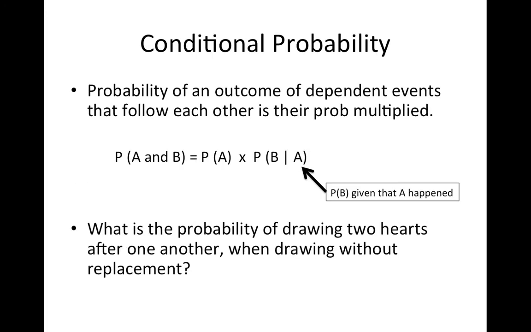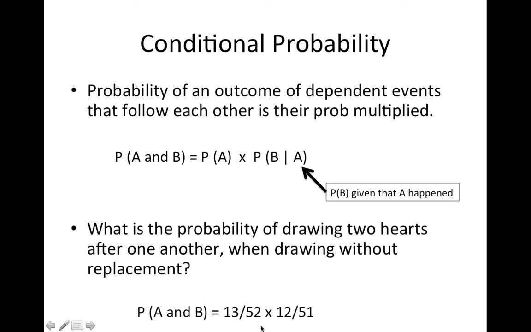Last of all, we will focus on conditional probabilities. This is the probability of an outcome of dependent events that follow each other, and that is their probability multiplied, just as we have learned before. For example, what is the probability of drawing 2 hearts after one another when drawing them without replacement from a deck of cards? First heart is 13 out of 52.